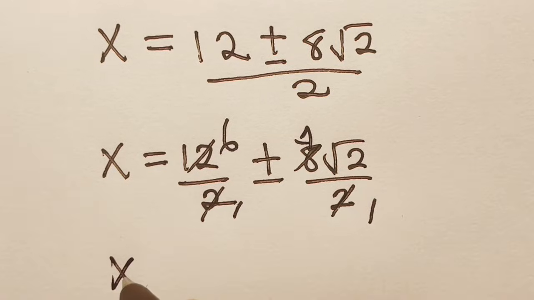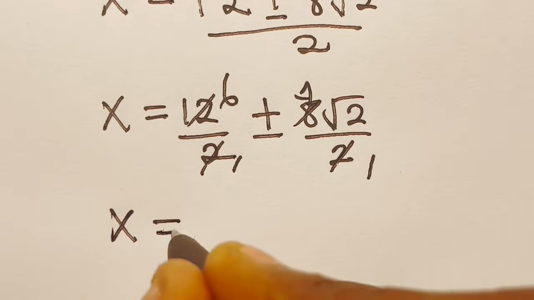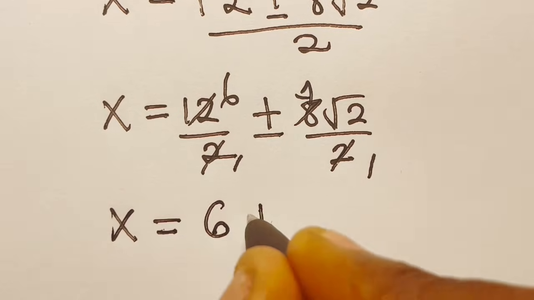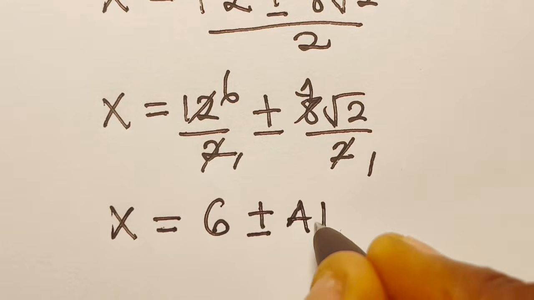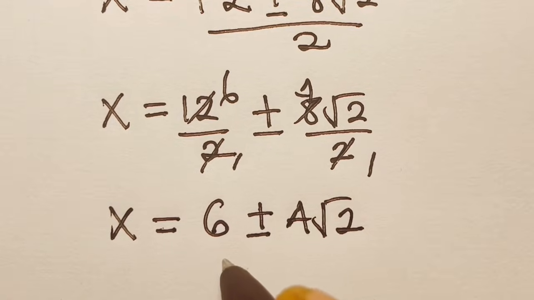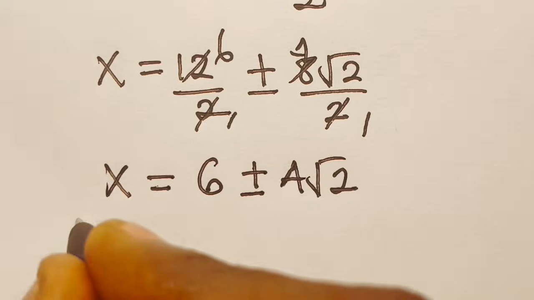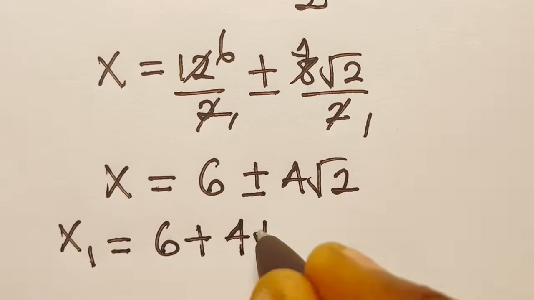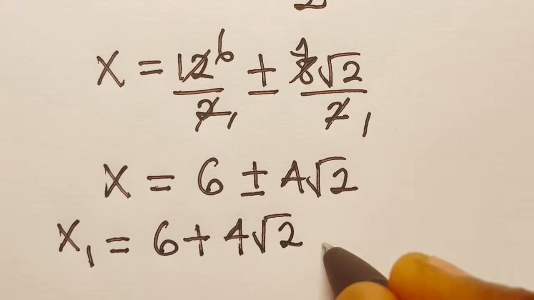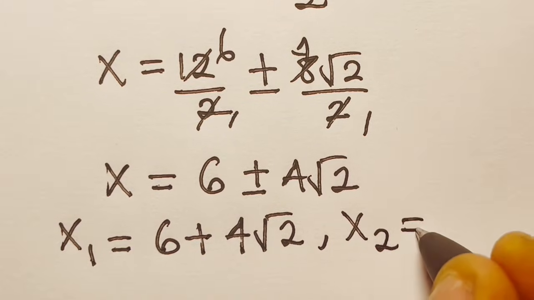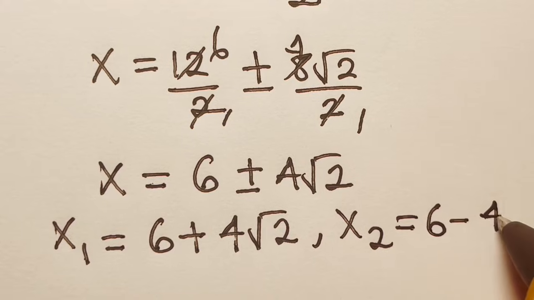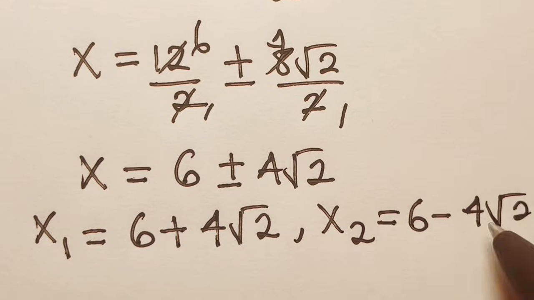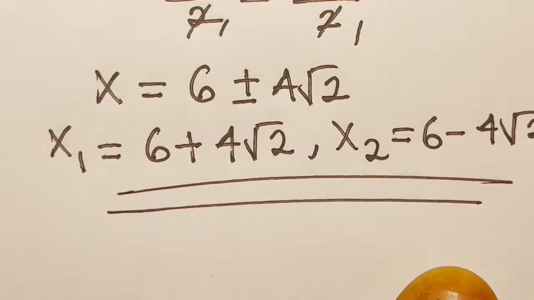So we have x equals 6 plus or minus 4 root 2. Guys, here you can declare that our x1 equals 6 plus 4 root 2, and our x2 equals 6 minus 4 root 2. This is our answer.